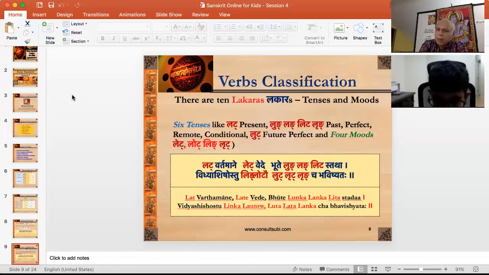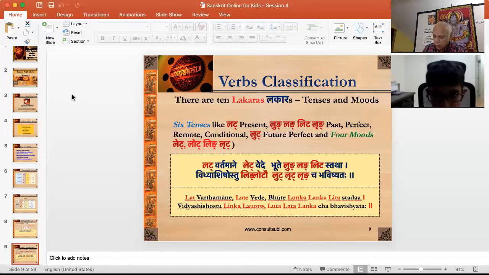You don't have to remember the verse, but this is a verse which gives you all the 10 lakaras, 6 tenses and 4 moods. So there is a 10 lakaras classification of verbs which denote the tenses and moods.